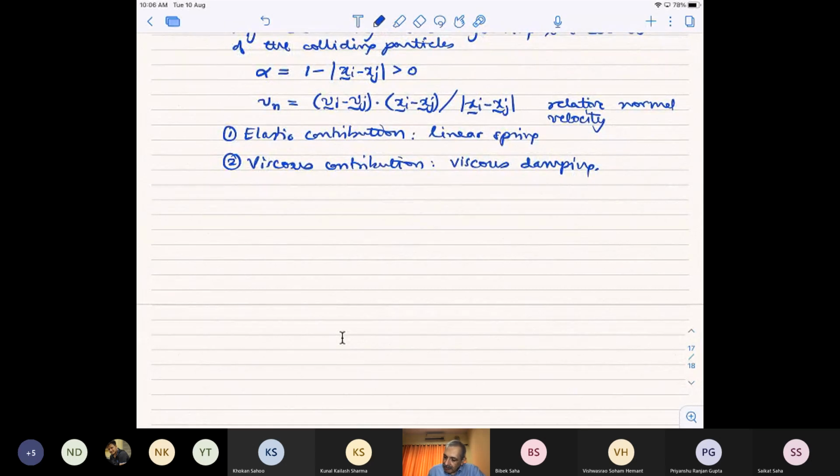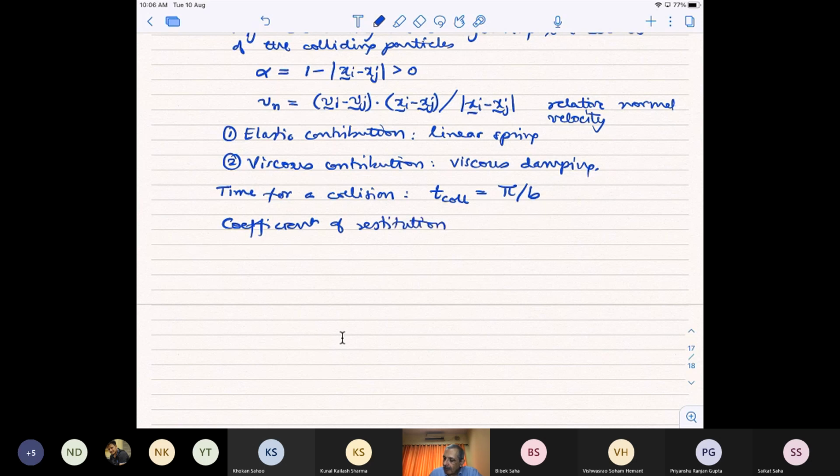For this model, we can easily calculate, as we had done for the Hertz model, the time for a collision. So we can calculate the duration of a collision. That is, in this case, just given by pi by b. I'll define what b is. And the coefficient of restitution, in this model, you can calculate that also. Call it epsilon.